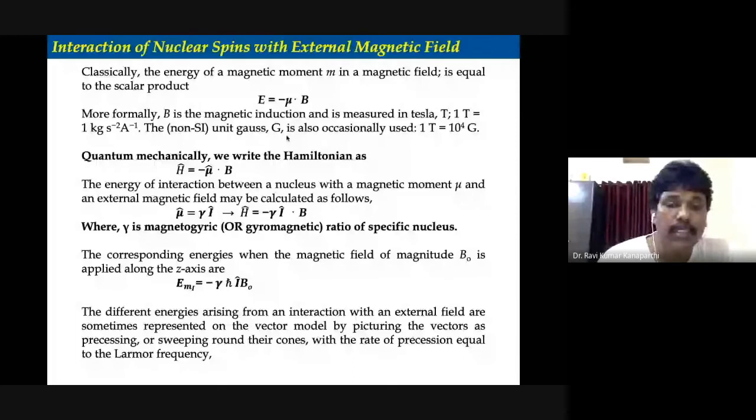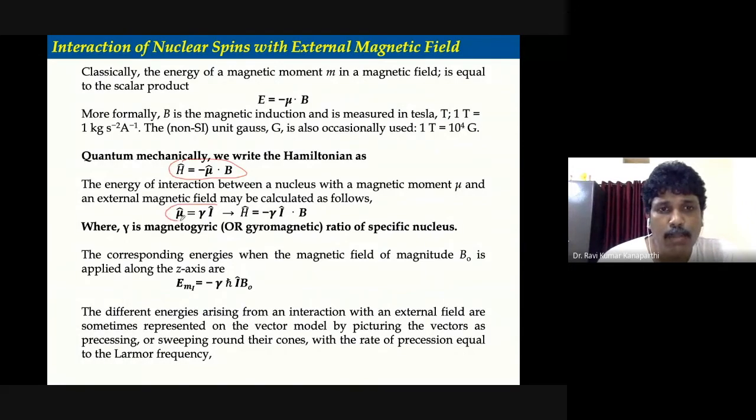The nuclear energy states you can take directly from here. The Hamiltonian is given by this expression, and we know that the magnetic moment is given by gamma multiplied by operator I. Previously we have already discussed that the magnetic moment and the angular momentum of a system are both related.